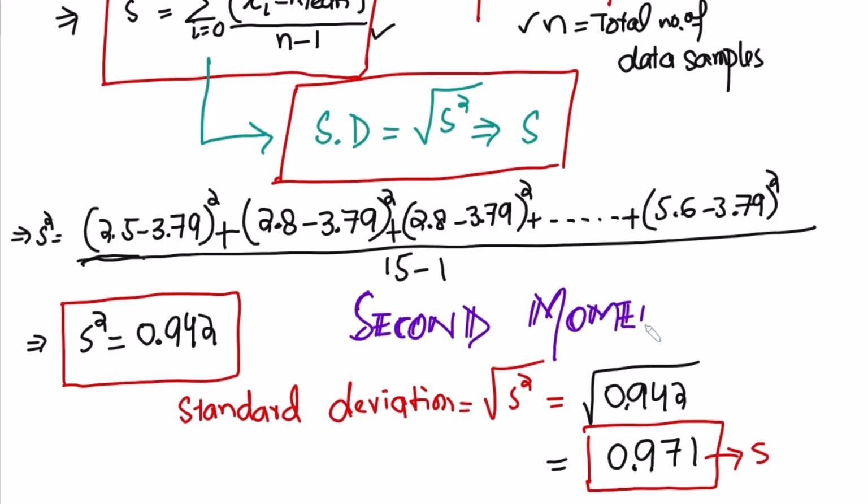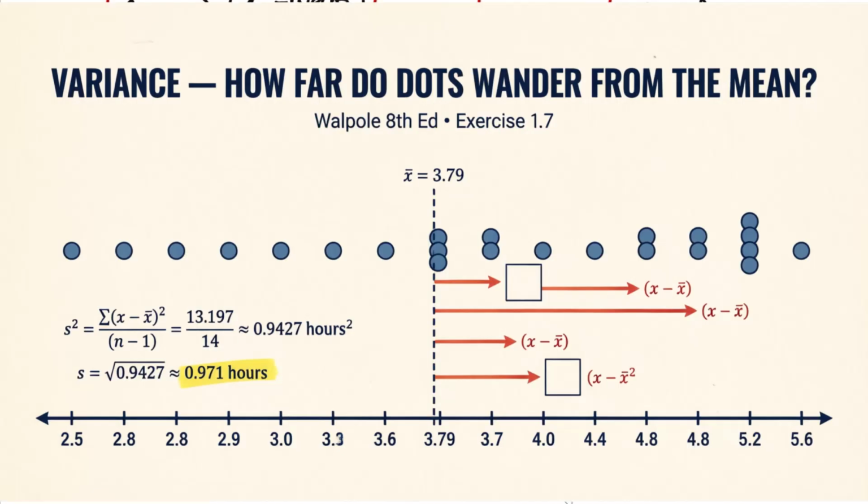The first moment is the mean, the second moment is the variance. So that's it for today, in which we have found the variance and standard deviation for the data points which were given in problem 1.1, and this is the solution of my problem 1.7.